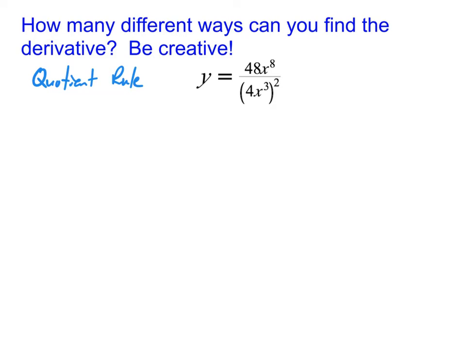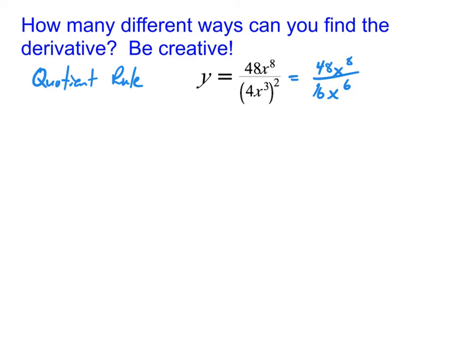And so I actually heard two different things we could use in there. One thing that you were talking about was the idea of simplifying. The first step of simplifying is that we could go 48x to the 8th over 16x to the 6th. Okay, so that's another method right there, is we could turn it into that, and then we could again use quotient rule.